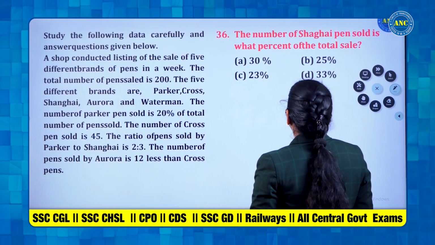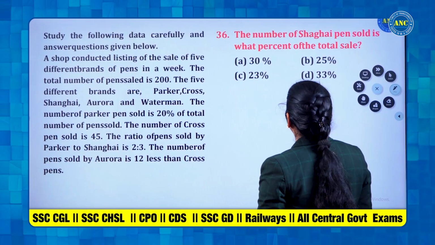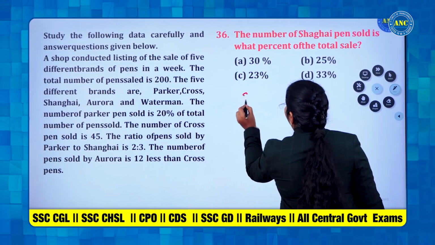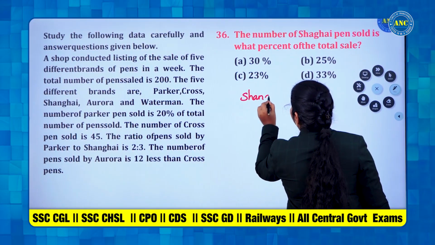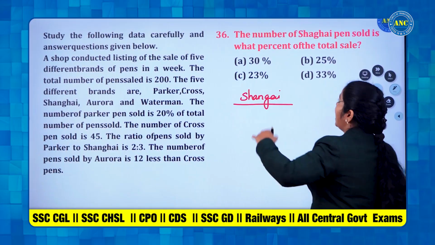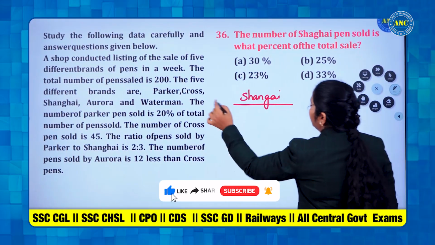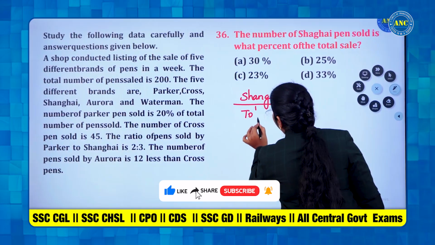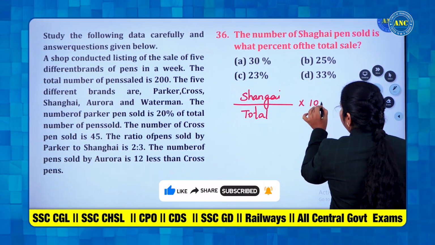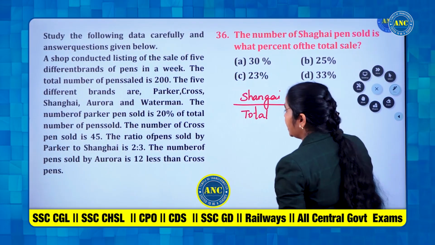The number of Shanghai pens sold is what percent of the total sale? So, they are asking the number of Shanghai pens sold is what percentage of the total. They are asking percentage, so into 100. Shanghai pens are how many?